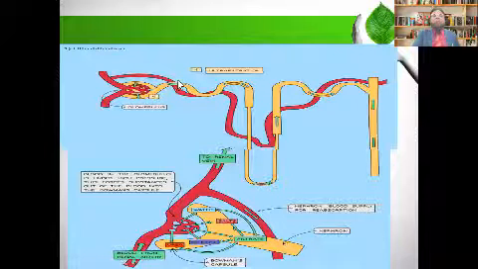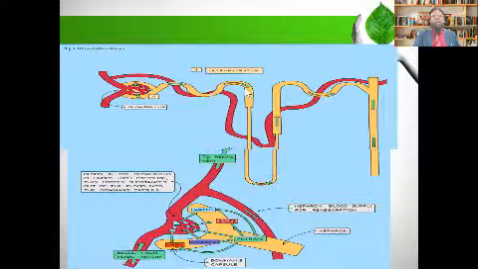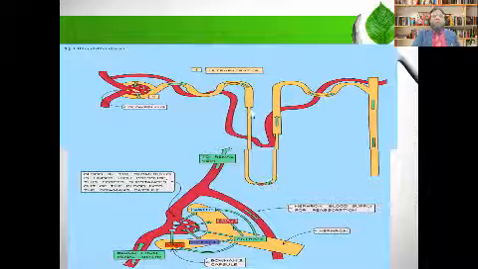Then there is the first tubule. You can see here, after the glomerulus there's the first tubule, where all these materials enter, and then it enters into the U-tube structure, that we call the loop of Henle. This is the loop of Henle.